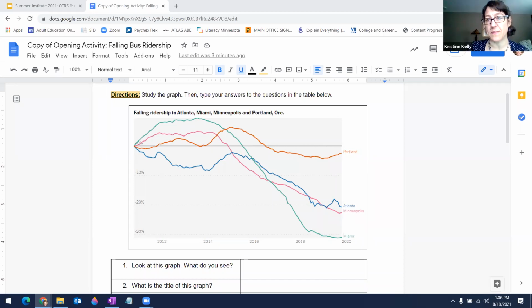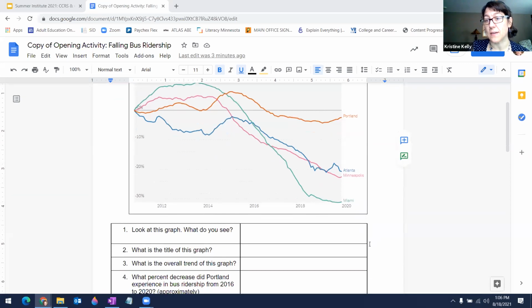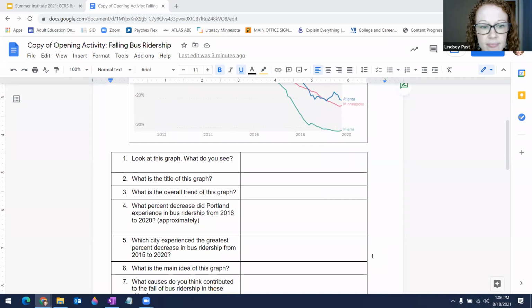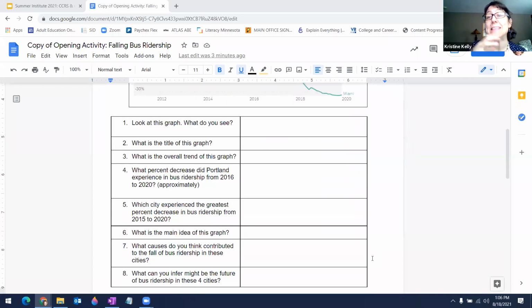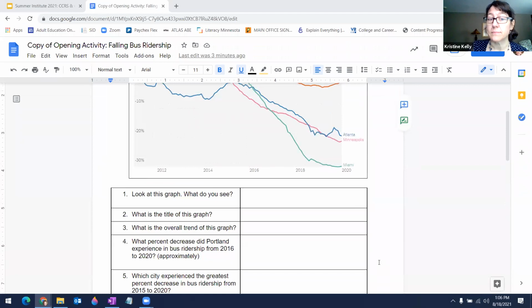The purpose of this really is just to look at the types of questions that we may commonly ask or see related to visuals. What we're going to do is talk a little bit about a way to create and sequence questions. For text-dependent questions, the sequencing is a really big part.